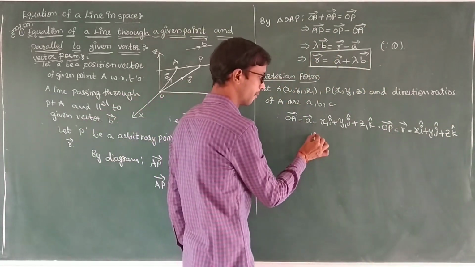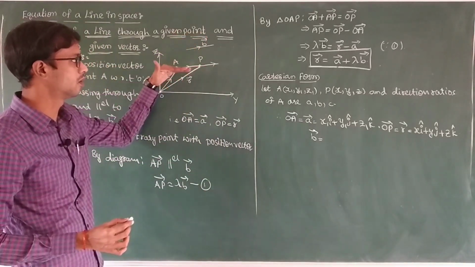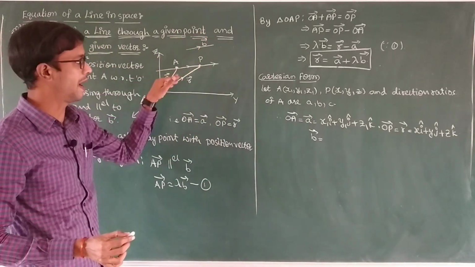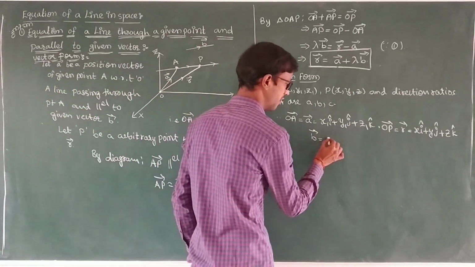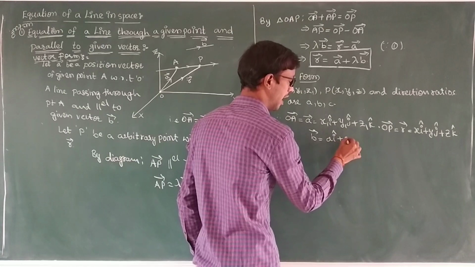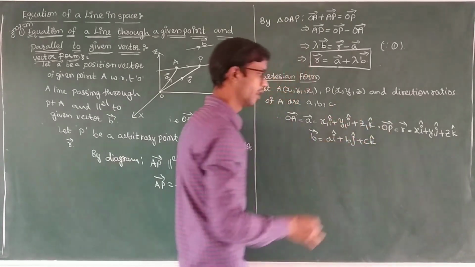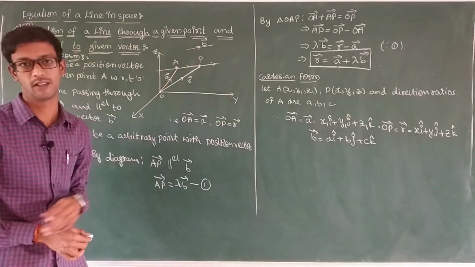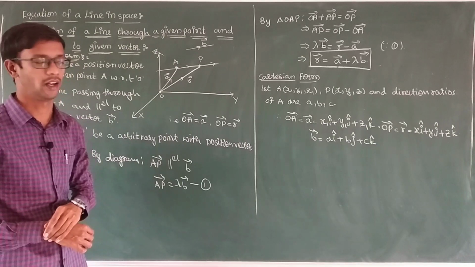And B bar is a vector parallel to AP bar. Since it is parallel, based on the direction ratios we can write a i cap plus b j cap plus c k cap. Why? Because these two are parallel, so these ratios and those ratios will be the same.